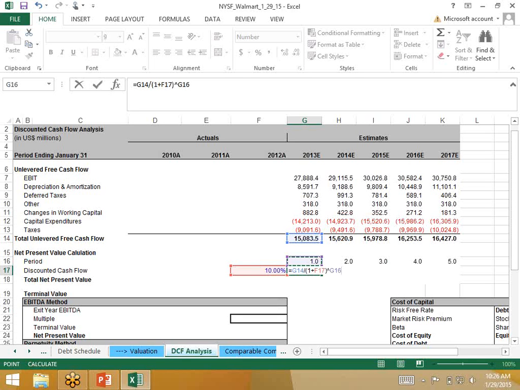G14 is the cash flow divided by, open parentheses, 1 plus the rate, close parentheses, to the power of the period. And you want to anchor the reference to the weighted average cost of capital, or to our now 10%, so that we can easily copy this to the right. So we're going to discount each cash flow.